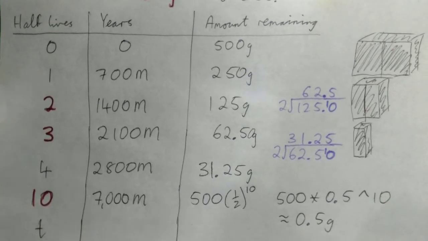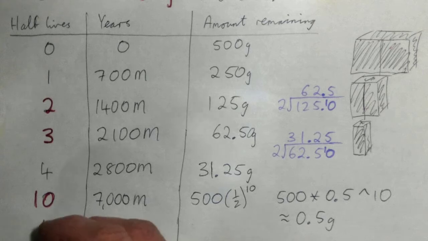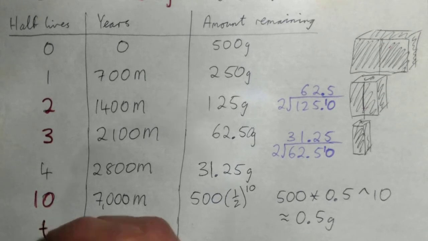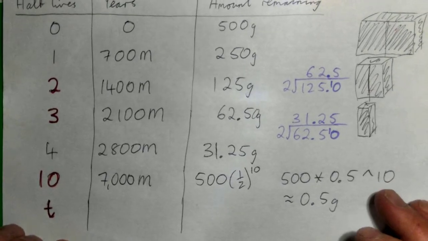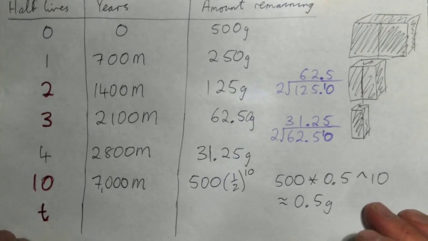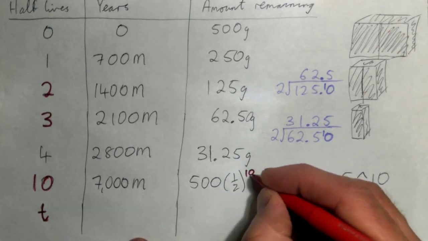Okay. So after T half-lives, how much would be remaining? And this will be on all of your tests and everything to figure out the formula, right? Okay. So, well, you got it for 10. Can you get it for T?